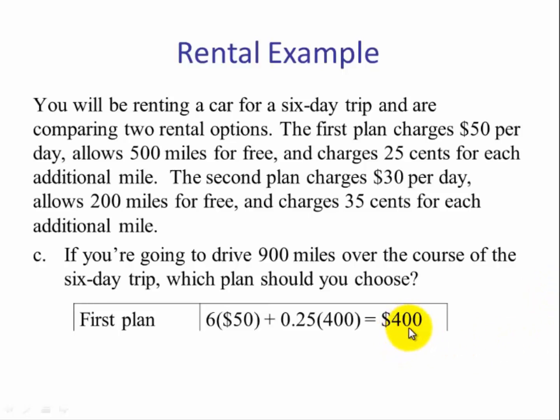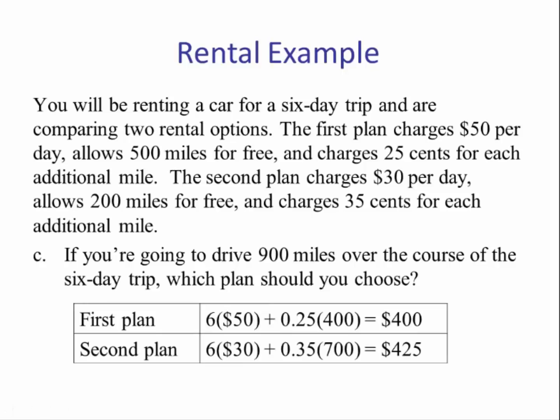That comes out to be $400. Second plan, 6 times 30 plus 0.35 times 900 minus 200, which is 700, gives us 425. So if you drive 300 miles, the second plan is cheaper. When you drive 900 miles, the first plan is cheaper.